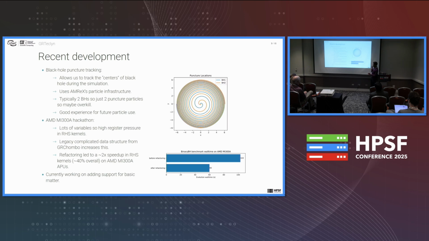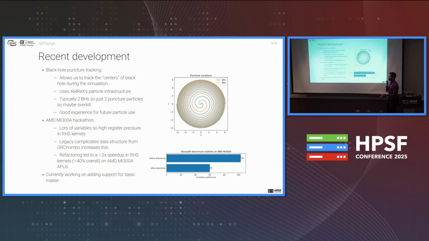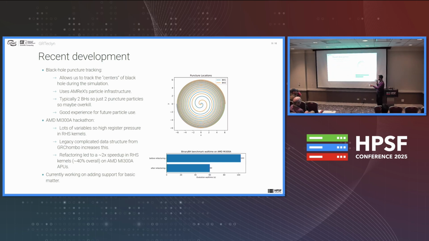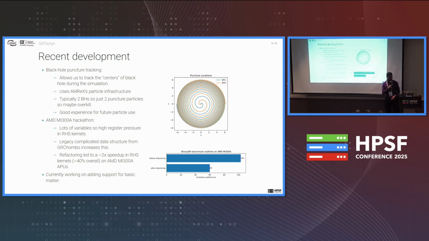We had a hackathon porting codes to AMD MI300A with support from AMD, and they basically refactored these loops and got a massive 2x speed up in the right-hand side, which is a dominant contribution to the wall time. So it's 40% overall faster than before. And we're currently working on adding support for basic matter because currently the black hole is just a vacuum spacetime.